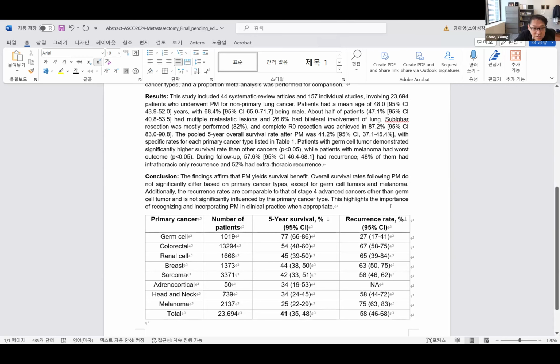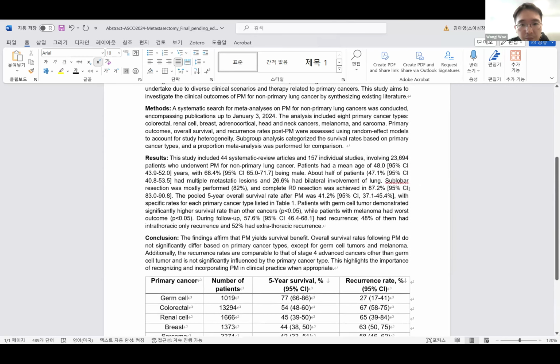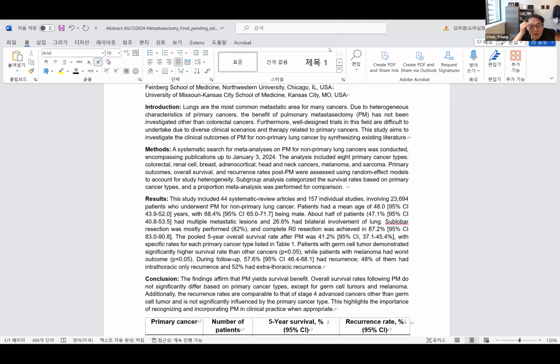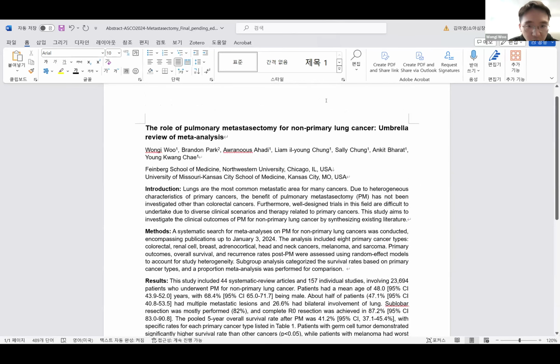I think this was good. Good to go. That's all, and I will submit this topic to the non-small cell lung cancer metastatic section.